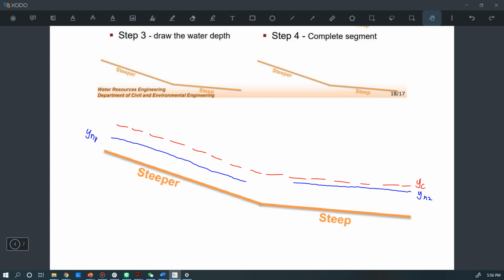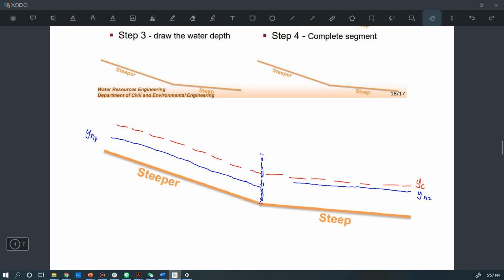So if we draw the vertical line to point out this transition area, this is a supercritical flow, so it will not affect its upstream before this transition area, but all the transition happens after that.